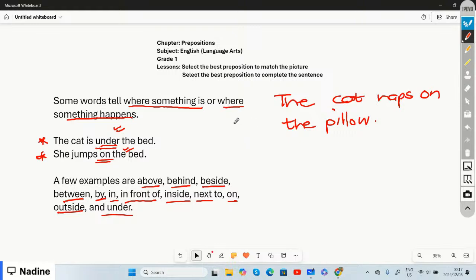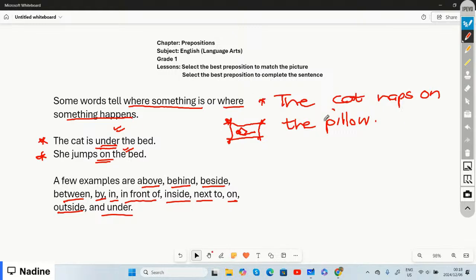If we have our pillow, and then we have our cat, and it says the cat naps on the pillow, then what is our preposition within that sentence?